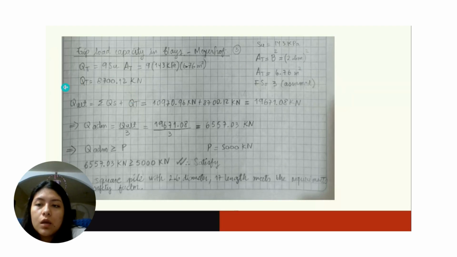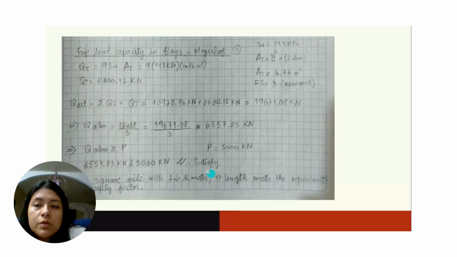The tip load is equal to 807,000.12 kilonewtons, and the Q ultimate is equal to Q shaft plus Q tip, which is 90,671.08 kilonewtons, and the Q admissible is equal to Qu divided by 3, which is 605,057.03 kilonewtons.